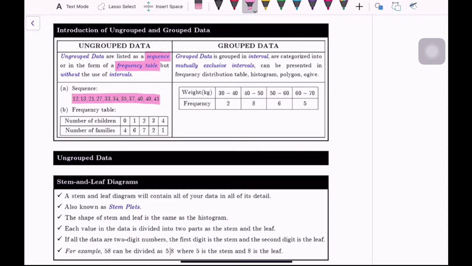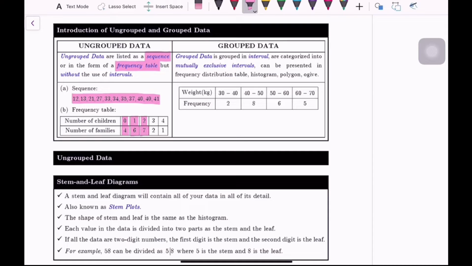Means here, we have 4 families that has no child. We have 6 families that have 1 child. We have 7 families that have 2 child, and so on.